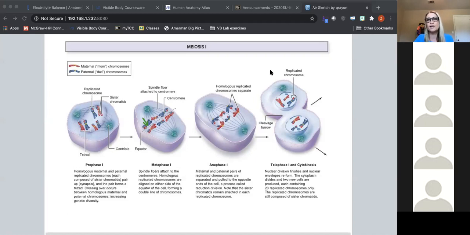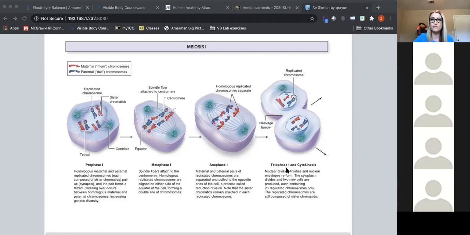On the centromere is a region known as the kinetochore, and the kinetochore is what the spindle fiber will ultimately be attaching to. So that's that. Please know that sister chromatids are not the same as homologous pairs. Sister chromatids are a result of that DNA replication.